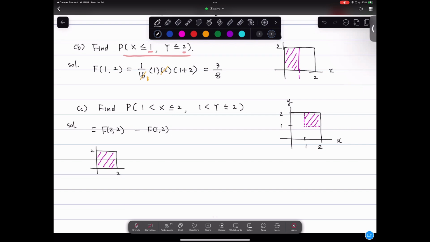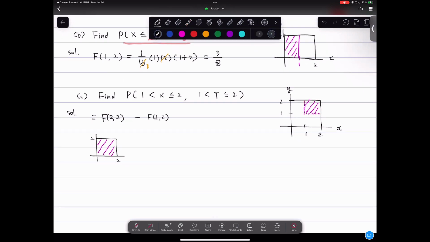This is the volume over this region, and I'm subtracting because I only want that particular piece of this rectangle. F of 1, 2 means your x value is 1 and y value is 2.